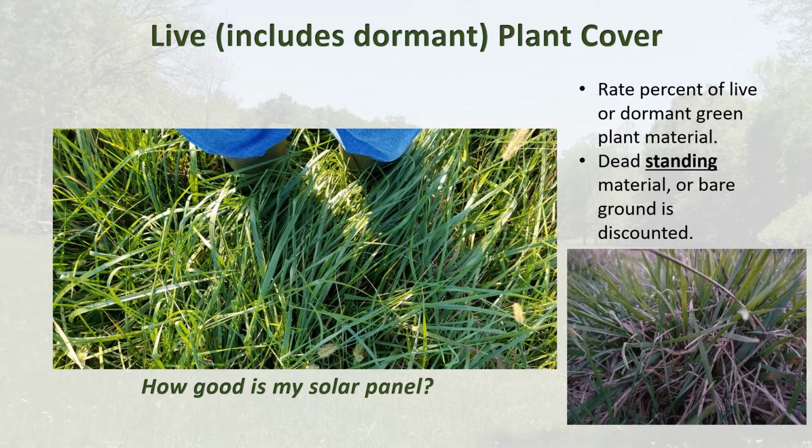Warm season grasses are an exception, as they go completely dormant in the winter. Long deferments from grazing tend to be discounted due to more standing dead material present, especially over time. This indicator will also rate lower during winter, but remember it's only one indicator.